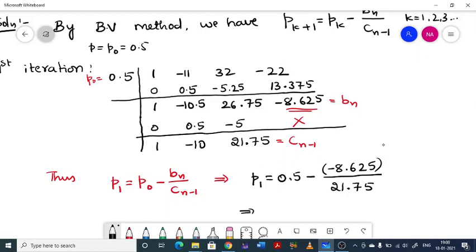Computing this you will get p1 equal to 0.8966. That is the first approximation.